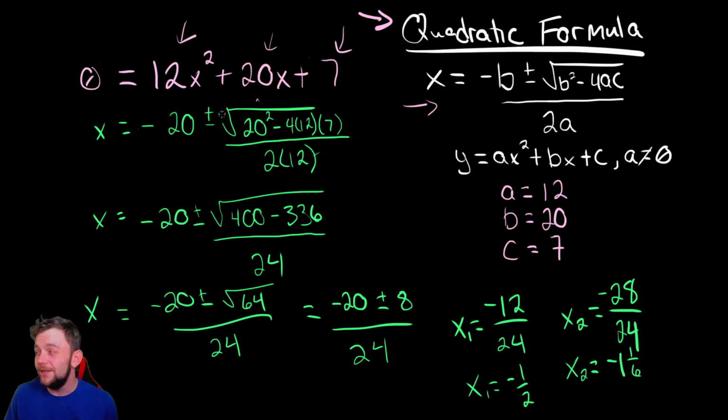I would highly recommend getting comfortable with factoring, because when you can use it, it will be fast. But also get comfortable with using your quadratic equation. Between those two things, you might have 4 problems on your GED test that have to do with factoring and quadratics, possibly more, but we'll see.